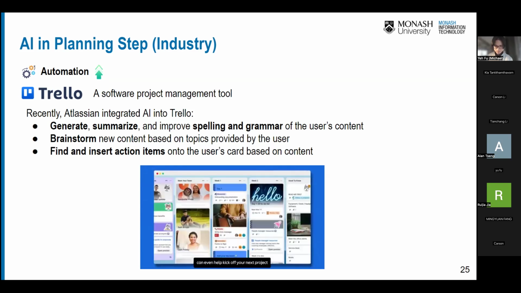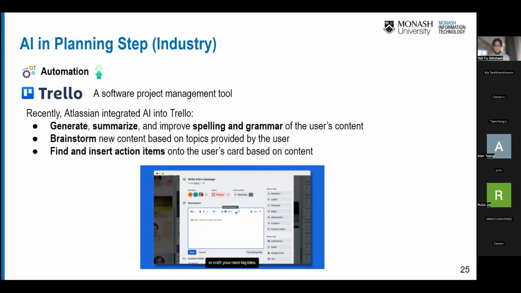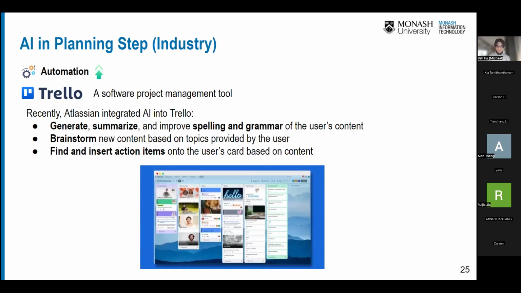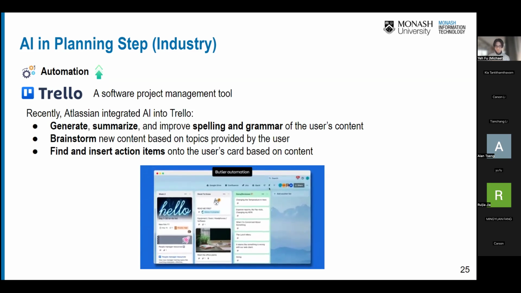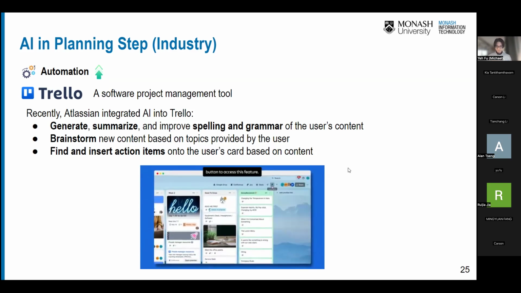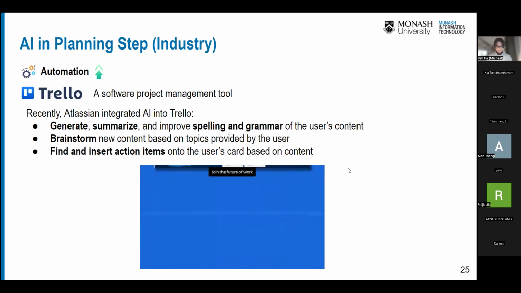The brainstorming feature can even help you kick off your next project or craft your next big idea. AI can be used to transform teamwork across all of your favorite Atlassian tools. In addition to Trello AI, Butler Automation is still available for all users to level up their productivity. Simply click on the Automation button to access this feature. Join the future of work and upgrade to Premium or Enterprise today.